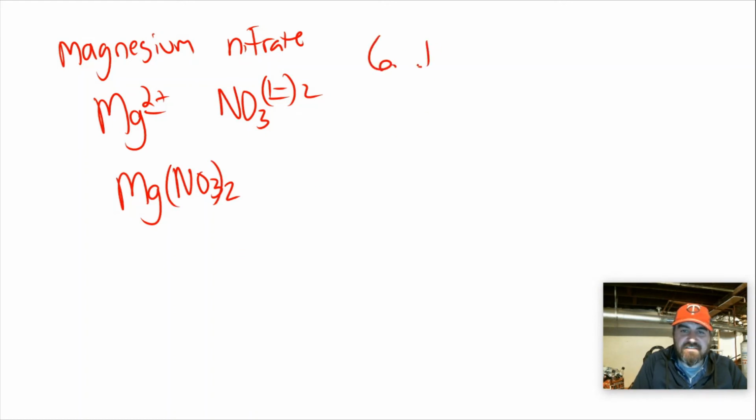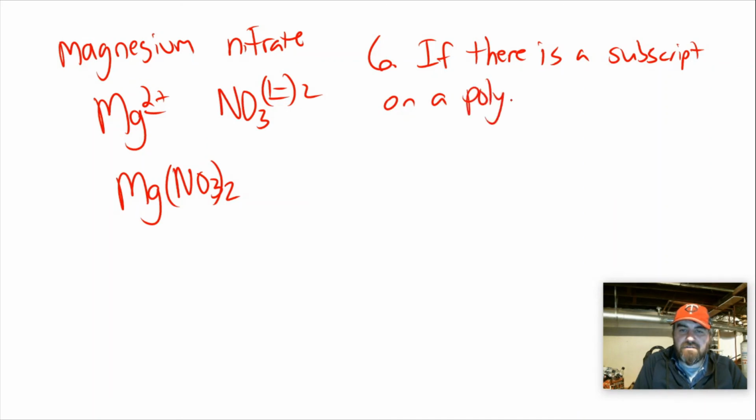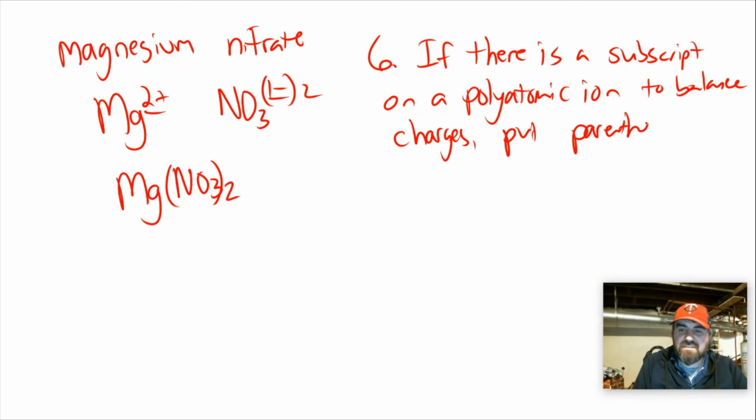So step 6: if there is a subscript on a polyatomic ion to balance the charges, put parentheses around it.